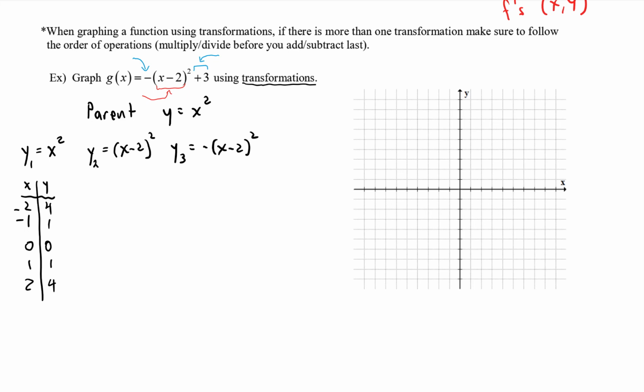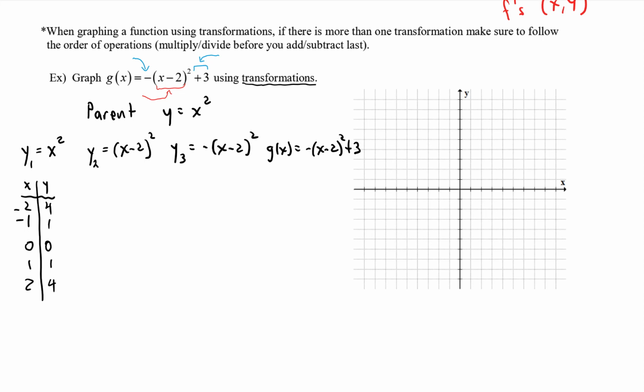Now I've got this third function, -(x minus 2) quantity squared. If I take that whole function and add 3 to it, I get yet a brand new function, which is g, our final one.